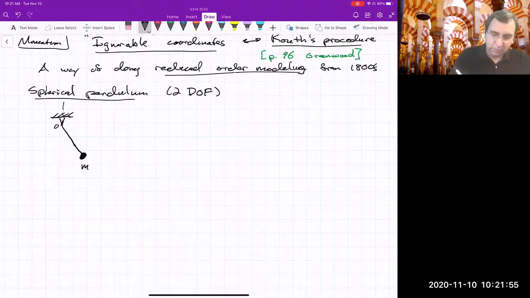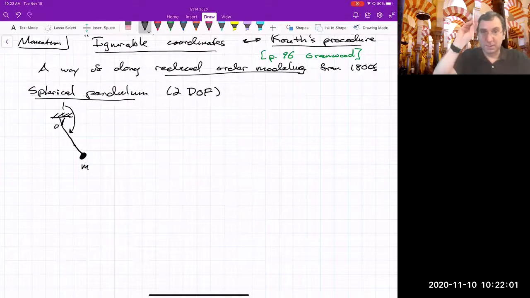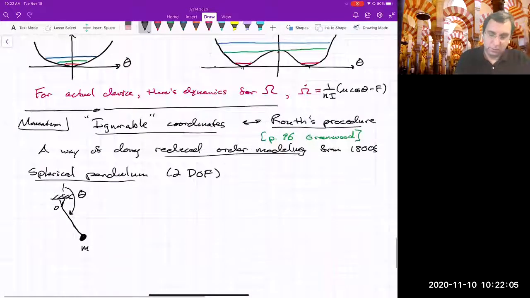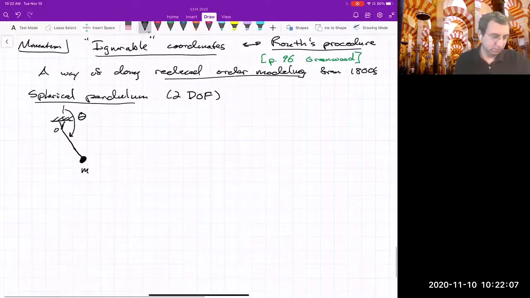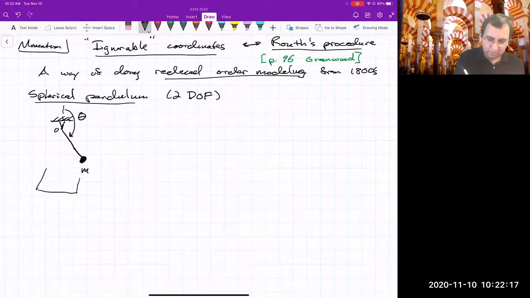We'll use traditional spherical coordinates where you measure the angle from the top. It's kind of annoying, but there we go. There's theta. And then there is an azimuthal variable. If you were to look at this projected down onto the plane, there's some angle here we'll call phi.